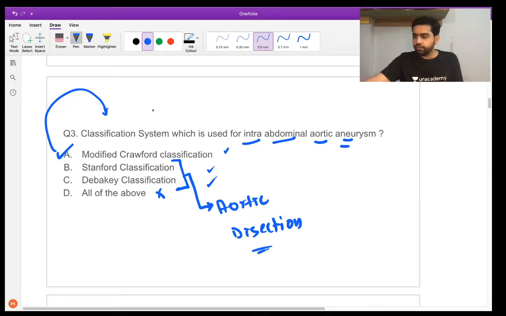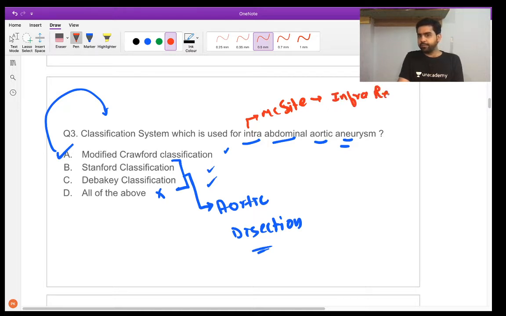Now, Shraddha, can you tell me which is the most common site of intra-abdominal aortic aneurysm? A very important MCQ has been asked a couple of times. The most common site is the infrarenal abdominal aorta. So what is the infrarenal abdominal aorta?